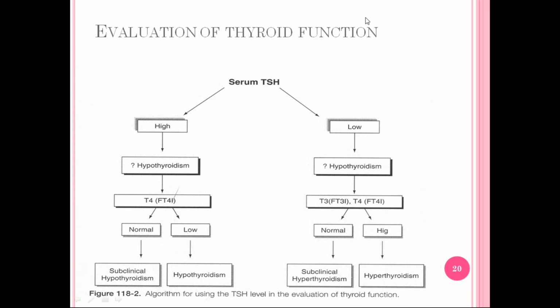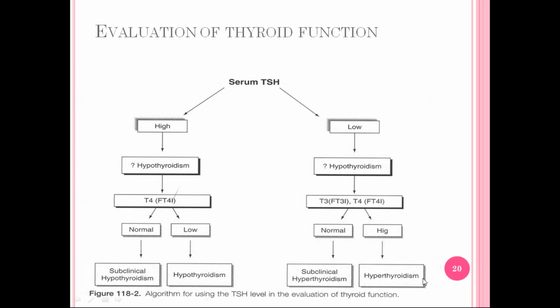So how do you evaluate? When you do a TSH, if it is abnormal, then you think of thyroid dysfunction. Then ordering free T3, T4 is important. If TSH is high and free T3, T4 is normal, you name it subclinical hypothyroidism.